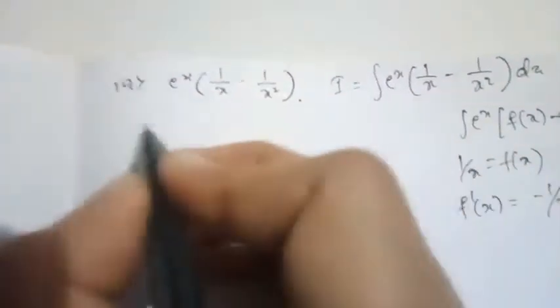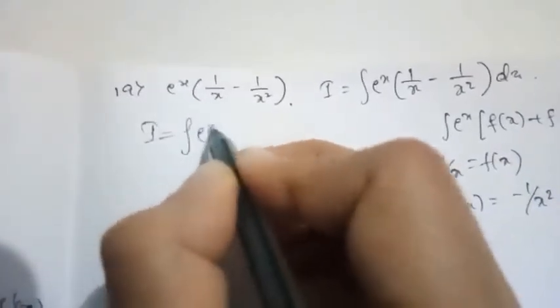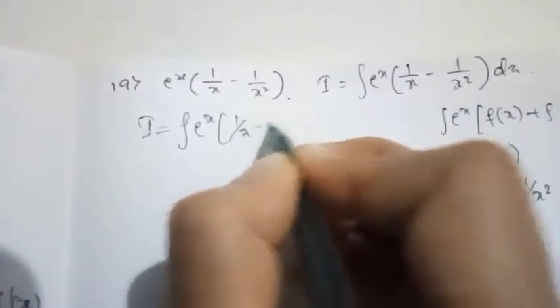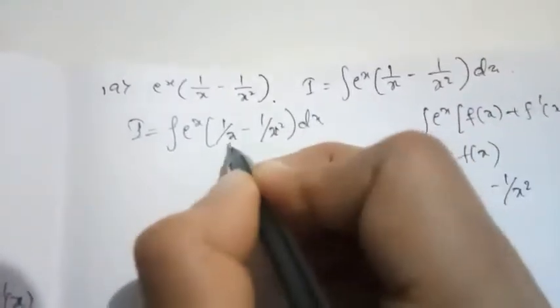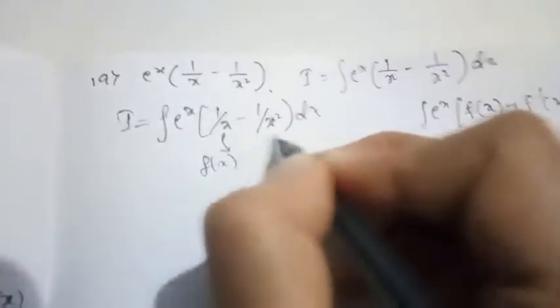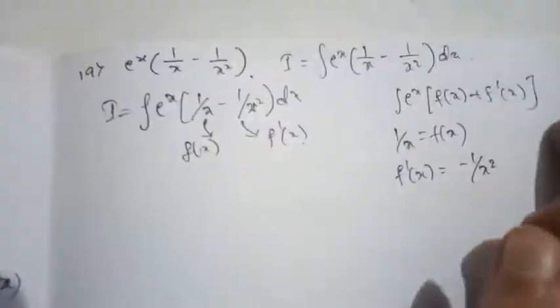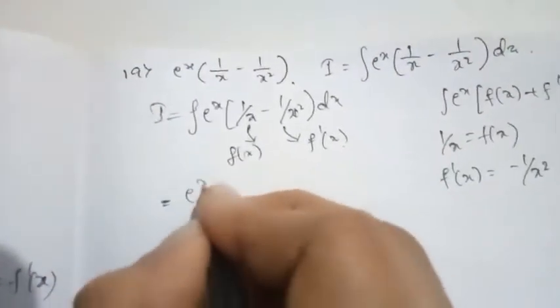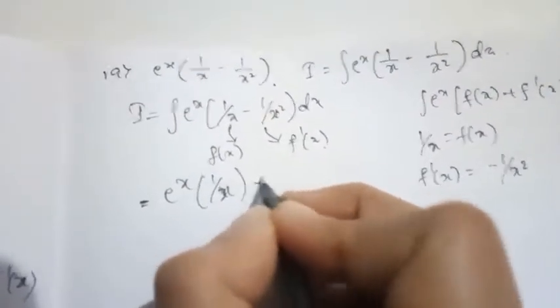So the given question I is equal to integration of e^x into 1 by x minus 1 by x², dx, where clearly 1 by x is in the f(x) format and minus 1 by x² is f'(x). So it is in this form. The integral of this one is e^x into f(x), that is 1 by x plus c.